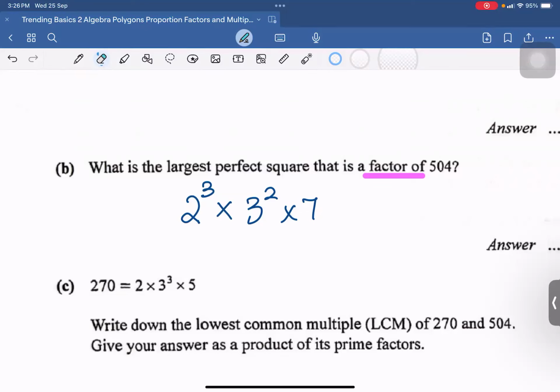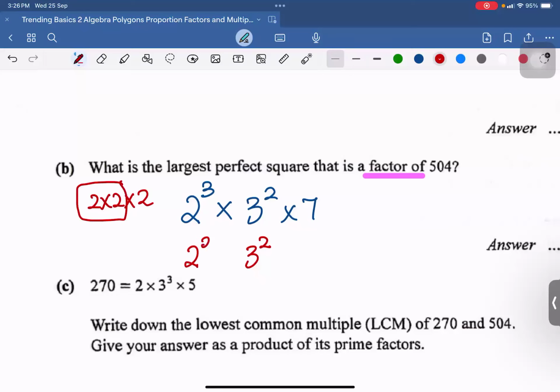But 3 square, yes, I can take out 3 square. But 2 cubed is 2 times 2 times 2, right? Can I, instead of taking out the whole of 2 cubed, I take out 2 square? Is it also a perfect square? Yes, right? So this number 4 is also a factor of 504.